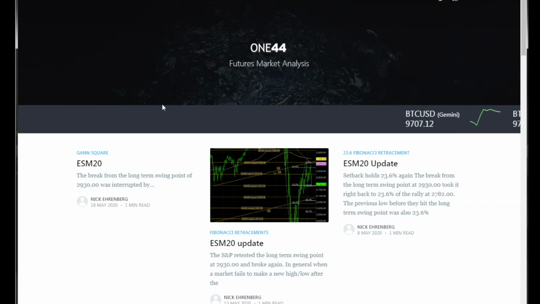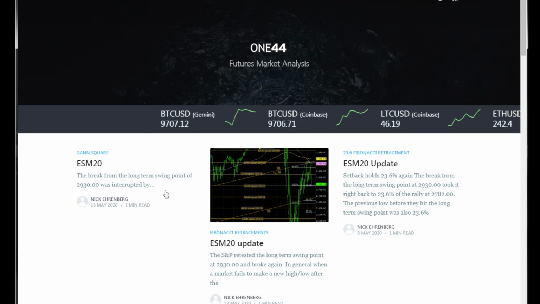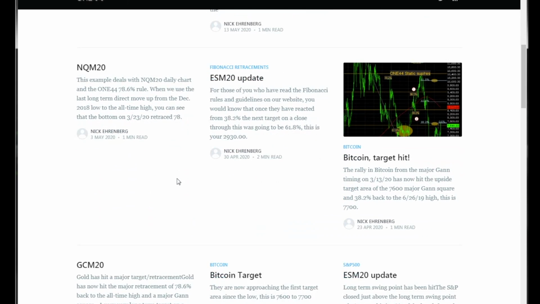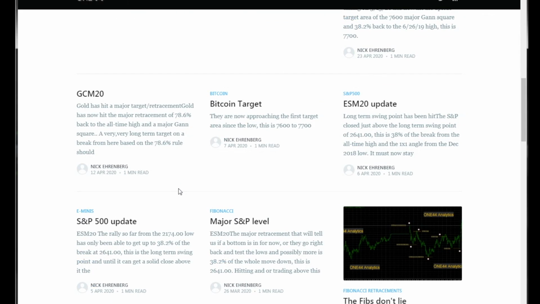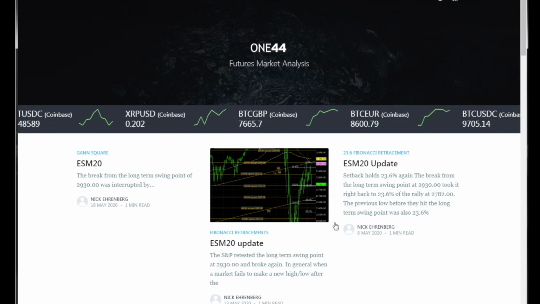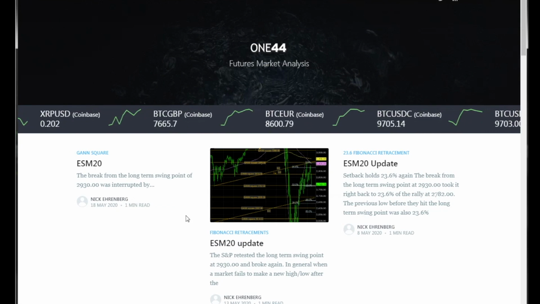Now on to the 144 blog here. As you can see, we have down below all of the updating ideas we have within using the Fibonacci retracements and some other things in all kinds of different markets. So it's just a continuing learning experience here, just even reading our current updates.